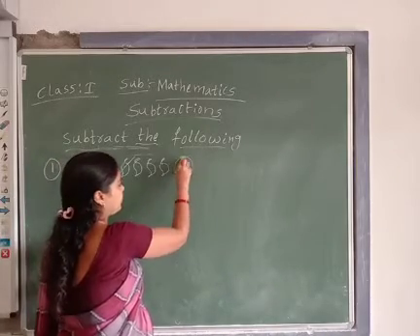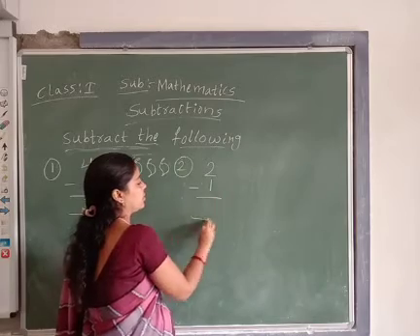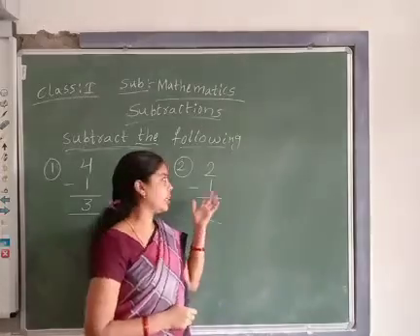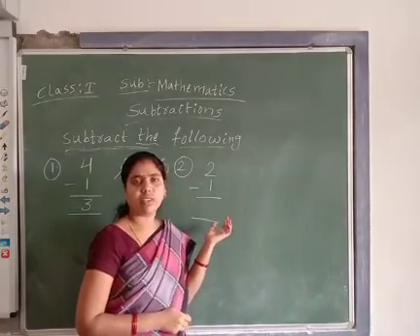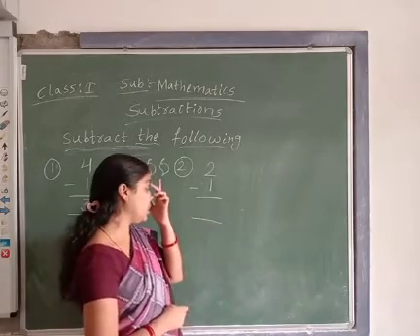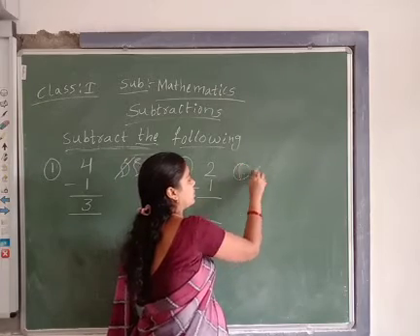Suppose 2 minus 1. Here also it is your wish. You can take mangoes or whatever you want. Whatever you have, that you take and do the subtraction. So here I am taking 2 balls.